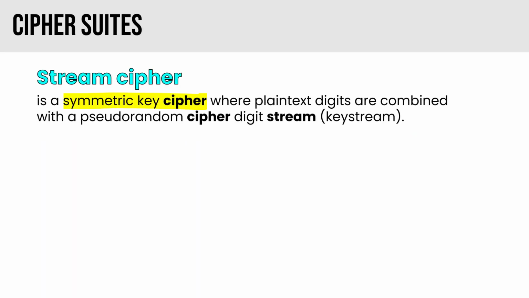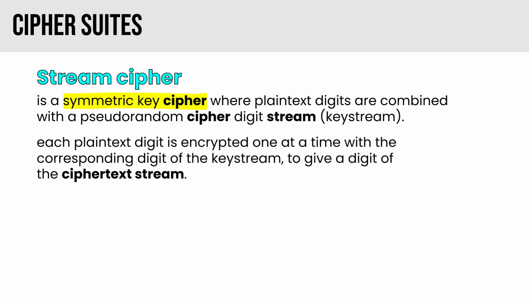Cipher suites. We have stream ciphers, and a stream cipher is a symmetric key cipher where plain text digits are combined with a pseudo-random cipher digit stream, a key stream it's called. In a stream cipher, essentially each plain text digit is encrypted one at a time with the corresponding digit of the key stream to give a digit of the cipher text stream.